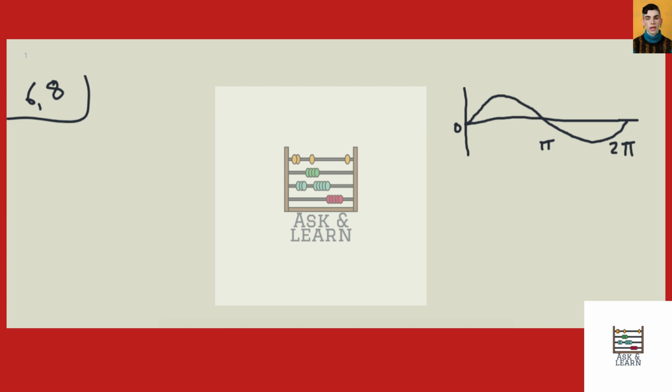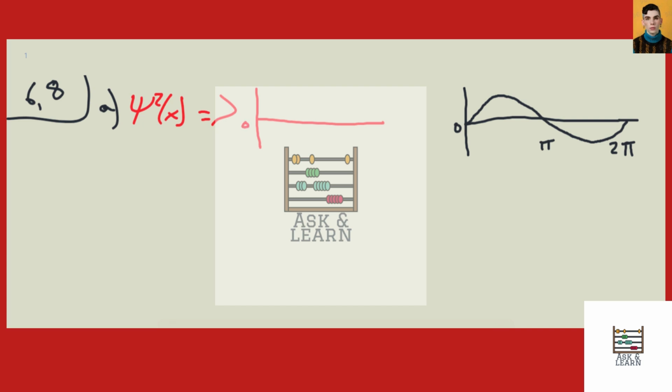And so part A asks us to sketch the probability density, which is psi squared of x, over the same range or domain. So the probability density, which is equal to psi squared of x, will simply look like the sine function, but it will be positive in all areas.